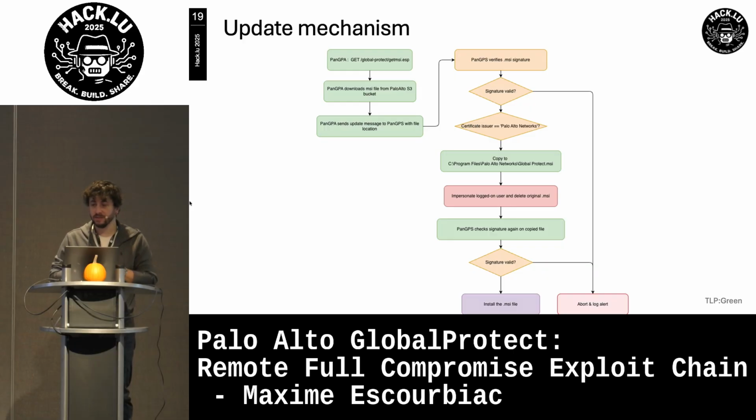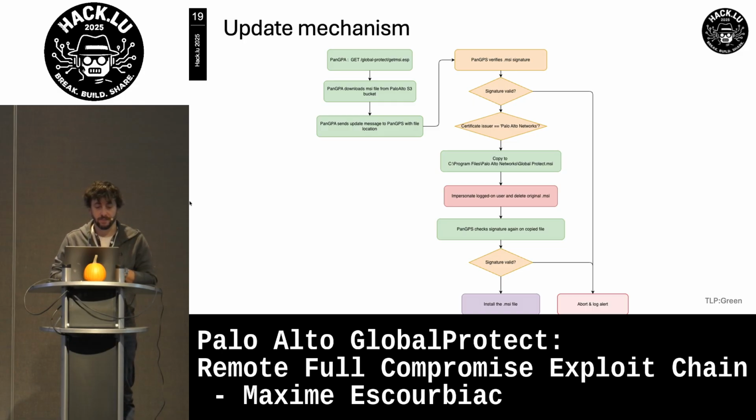The update mechanism is quite interesting because PanGPS does not make any HTTP request. All the HTTP requests are made by PanGPA. For me, it's a weakness because, as a user, you can debug and put some breakpoint to modify the URL, etc. It's not so simple, though.